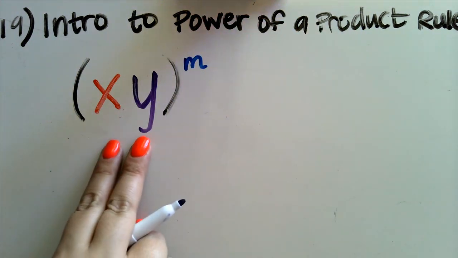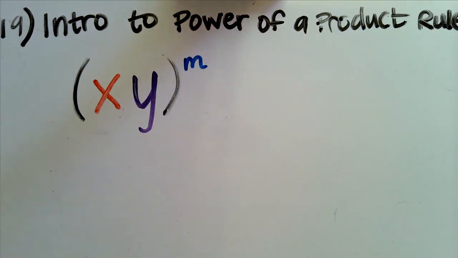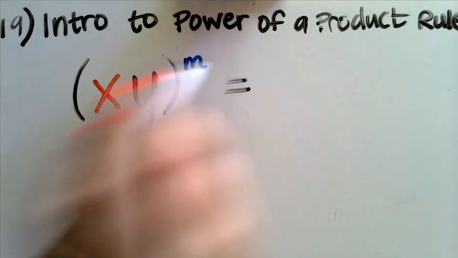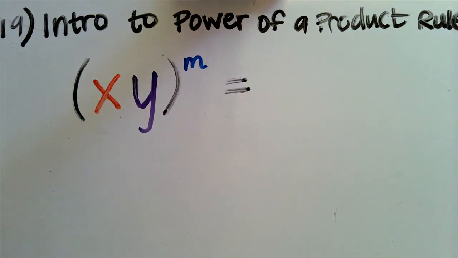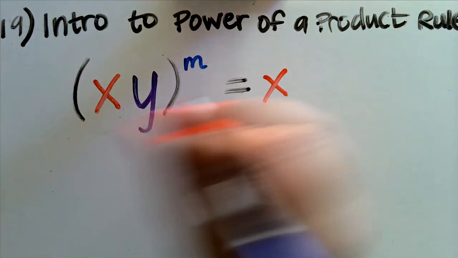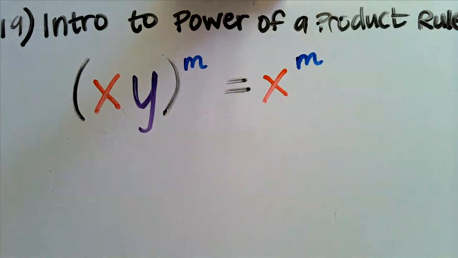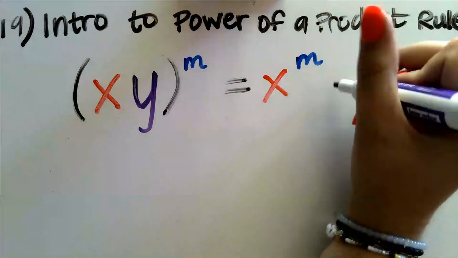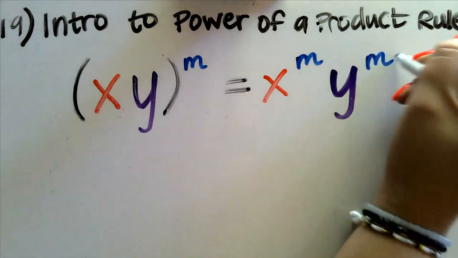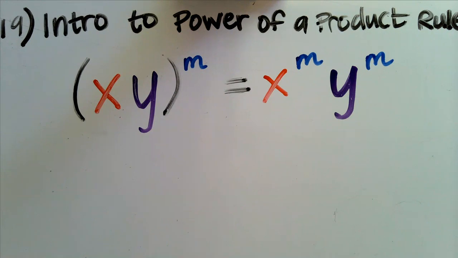Whenever we have two things or more inside of our parentheses, we can always rewrite this as x to the nth power times y to the nth power, okay?